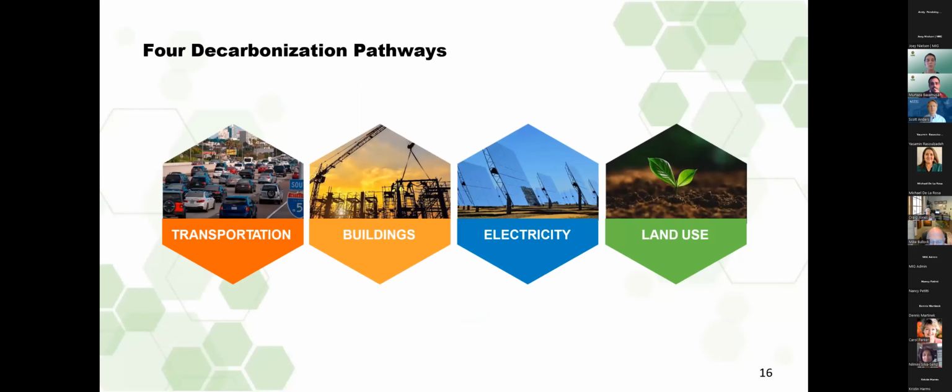The framework's technical report provides quantitative pathways to decarbonization that model the entire region as a system under 4 decarbonization pathways. The technical report's analyses are based on proven technologies and on emerging best practices from across the nation and the world in the areas of buildings, transportation, electricity, and land use. These are our baseline assessments for our regional emissions.